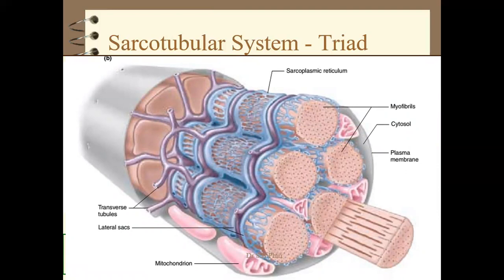So the electrolyte concentrations of sodium, chloride, and calcium are just the same as in the extracellular fluid compartment, because this is an extension of the extracellular fluid compartment into the myofibrils. They are like tubes.